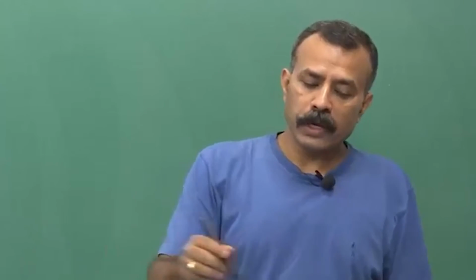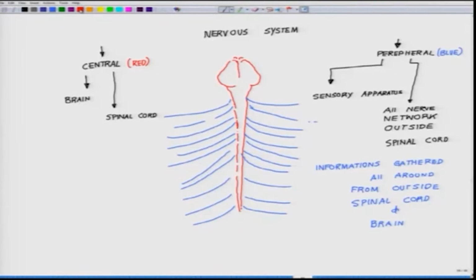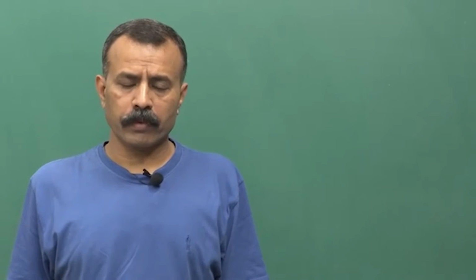So, when we say the word higher level of processing, we mean the processing which is happening out here in the brain. And when we say lower level of processing, they are happening in the spinal cord. Fair enough? Now, this spinal cord has a very unique anatomy.